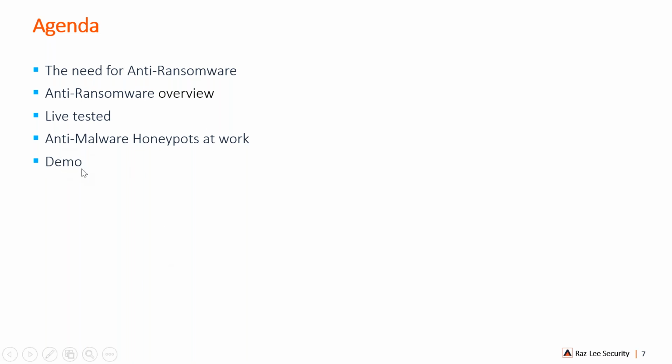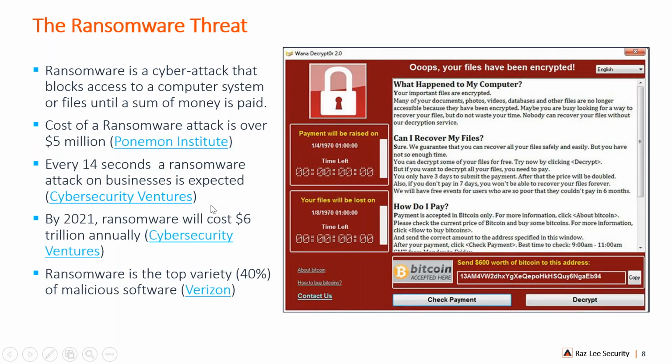And we shall have a demo of both the product itself and the test of a live attack on the IBM I, in which we will run once without our software and see how the ransomware attacks and actually encrypts all the data files on the IBM I, and then we shall activate the anti-ransomware, and we shall see that we don't compromise even one file. So please be with me, and we shall continue.